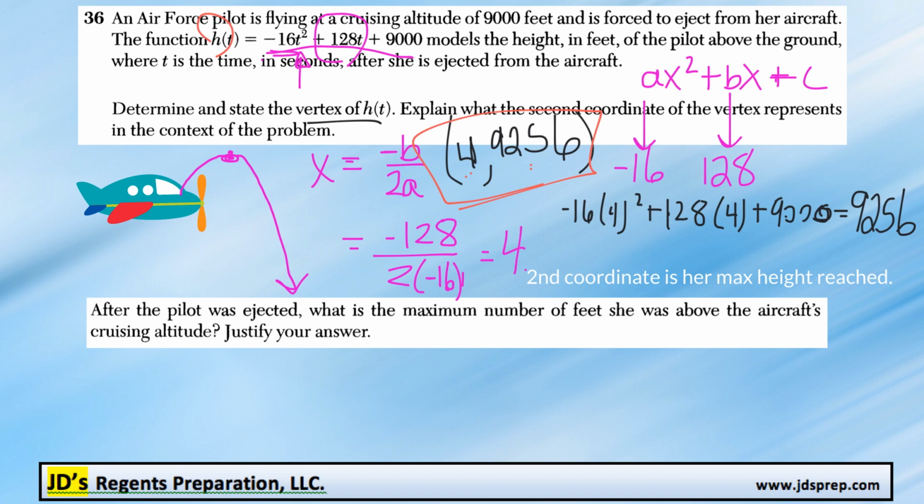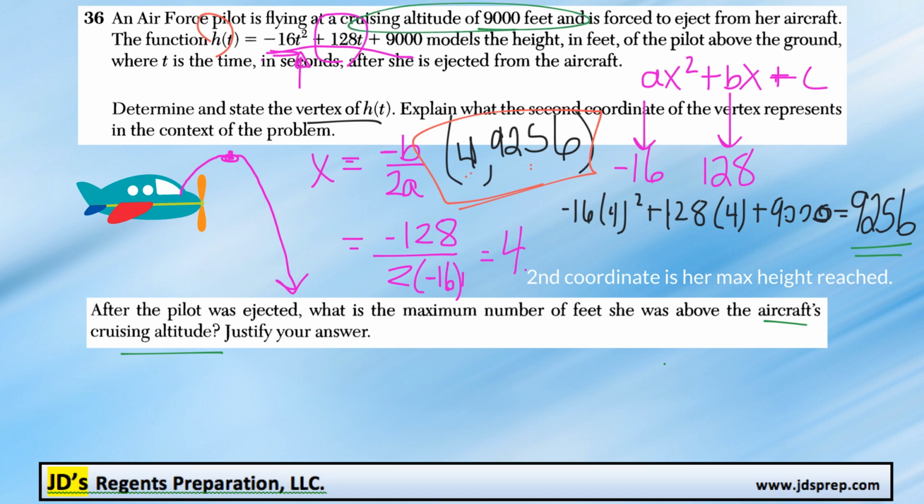Part 2 says, after the pilot was ejected, what is the maximum number of feet she was above the aircraft's cruising altitude, and justify your answer. This is actually a pretty quick and easy question to solve, because we already know her maximum height. We also know that the aircraft's cruising altitude was 9,000 feet.